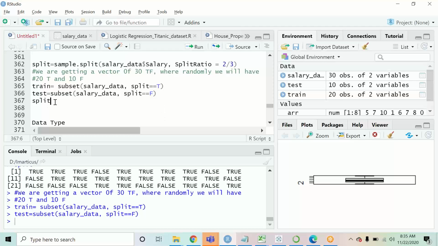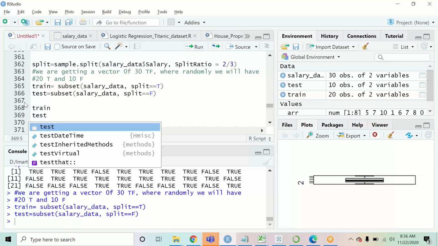Okay, is this clear to all? What we have done? Now please just check your training and test data sets. Train and test. You should be able to see them.